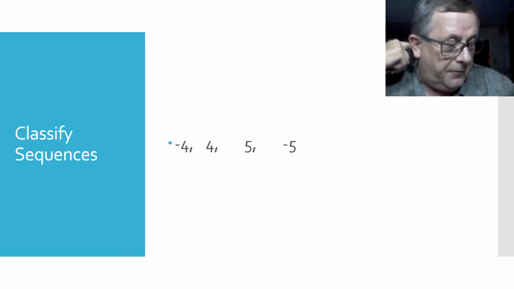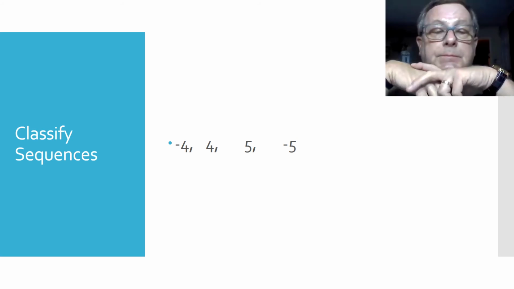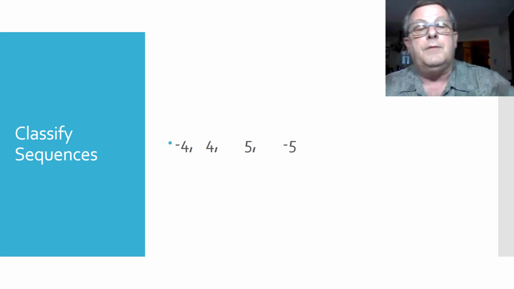There, I could rule out the arithmetic sequence. Let's see, geometric. If I take 4 and divide it by -4, that's -1. Well, 4 times -1 does not equal 5. It's just going to equal -4. So it's not geometric either.